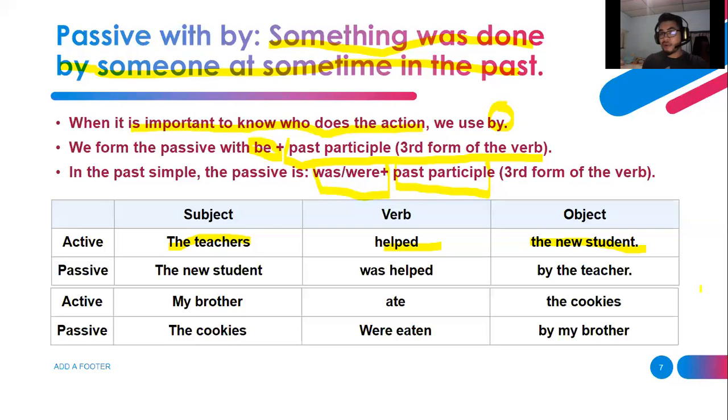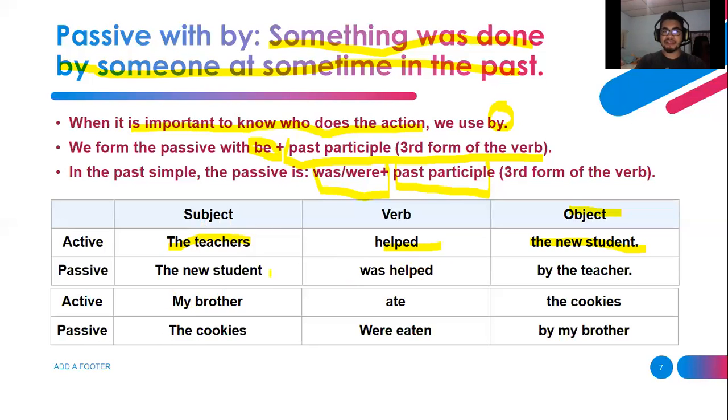Then, if I want to change this sentence into passive voice, it's really simple. The object, the one that you see over here in yellow, will go to the beginning of the sentence and will become the subject. Then we need to add the verb to be in the past, either was or were, the verb in the past participle, and finally, we move the subject to the end after the word by.